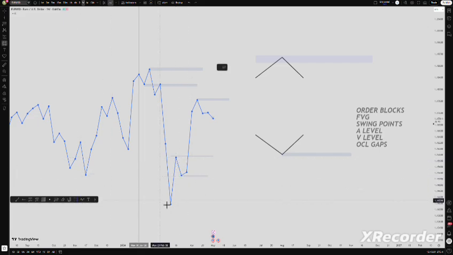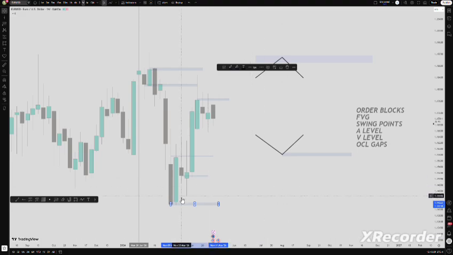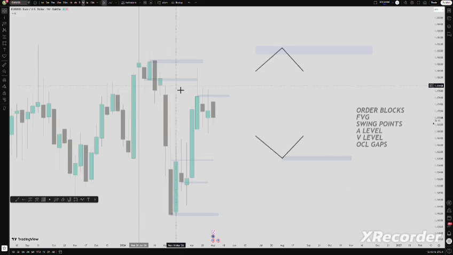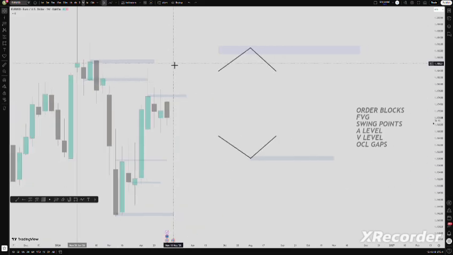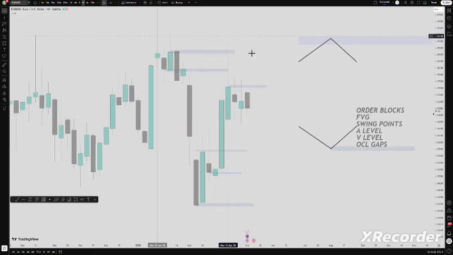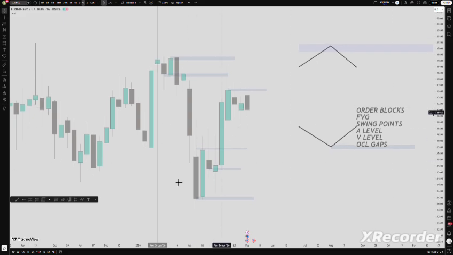I didn't have to go to the line chart. The way you can identify your order blocks and your fair value gaps and swing points on the candlestick, you get to the point where you can identify them as swiftly as possible. You just have to study it. A clue for that is the closing and opening prices.